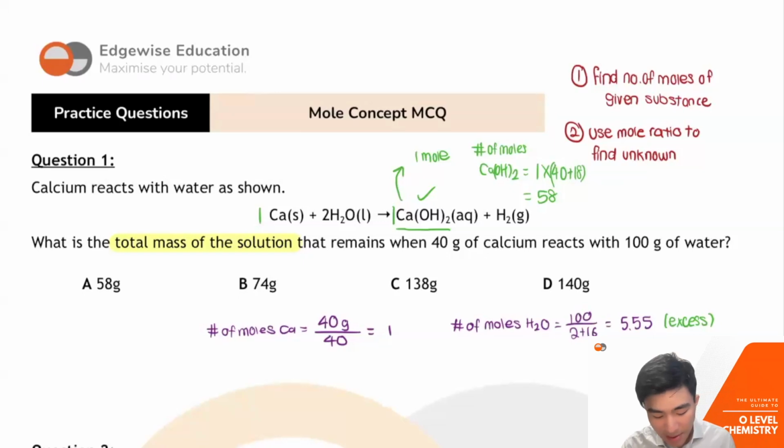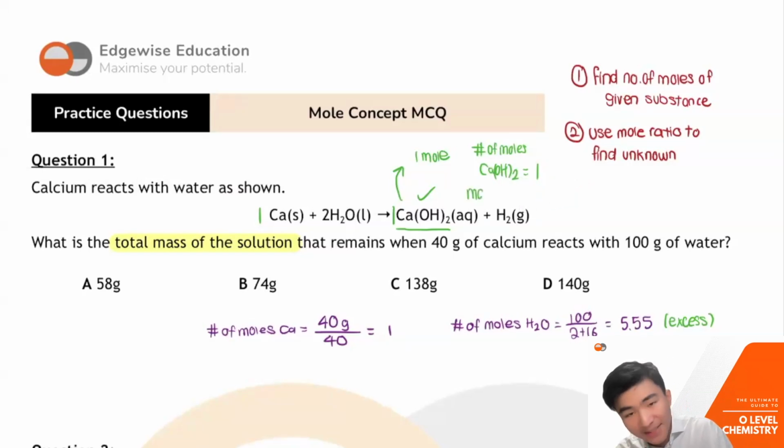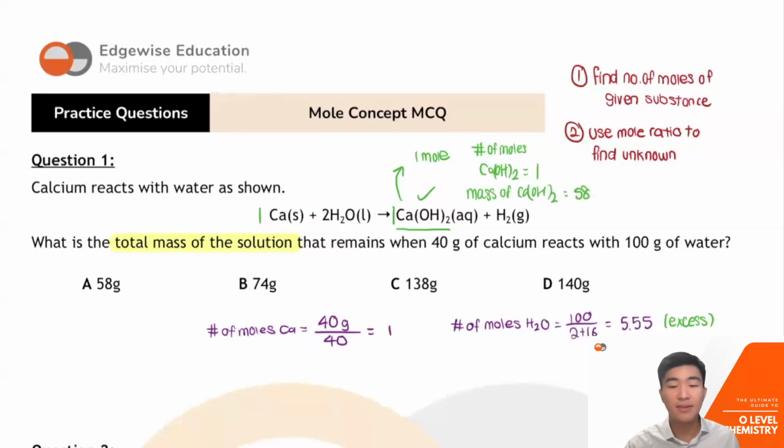Sorry, this is what? I'm finding number of moles, not finding mass. Find number of moles is 1 mole. Sorry, then I find what is the mass of CaOH2, because remember, we are always finding total mass of solution, right?